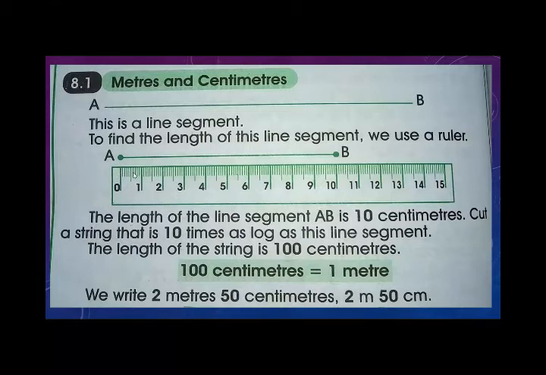So the length of line segment AB is 10 centimeters, because you always put the scale from 0 at the first endpoint and the last endpoint ends up at 10. Remember, 100 centimeters is equal to 1 meter.